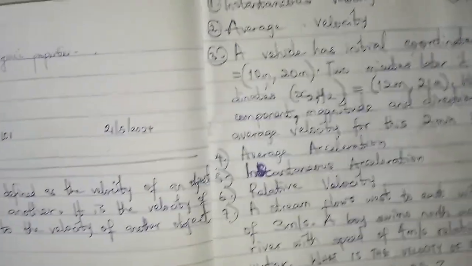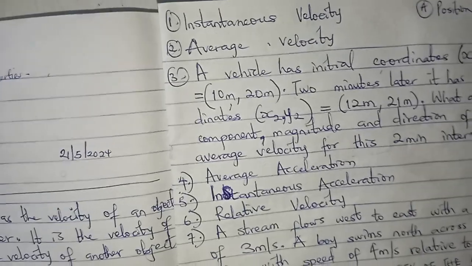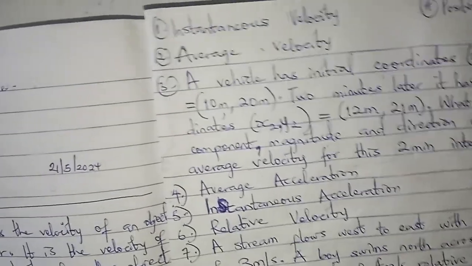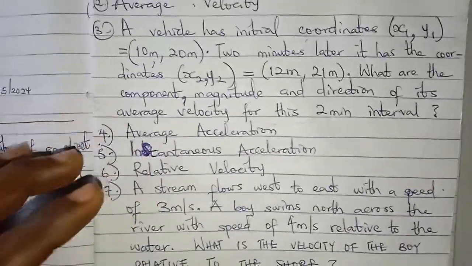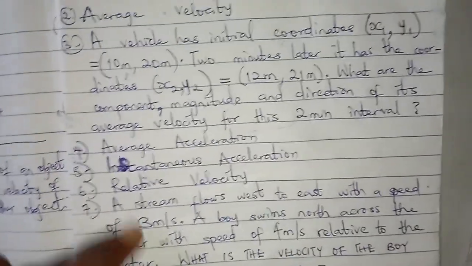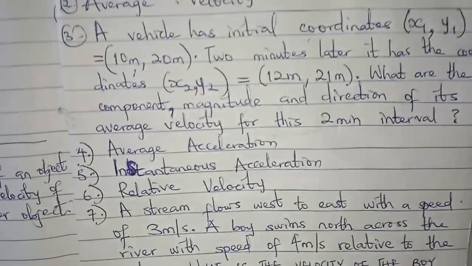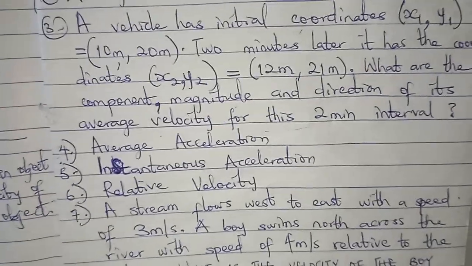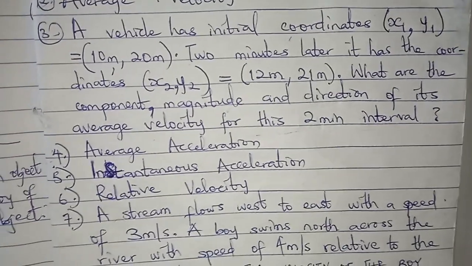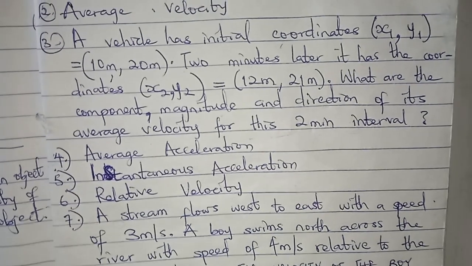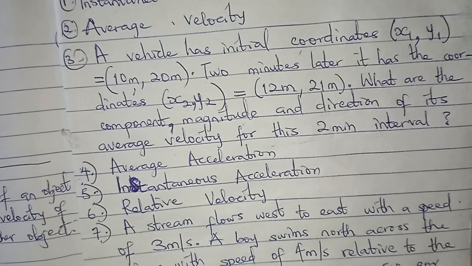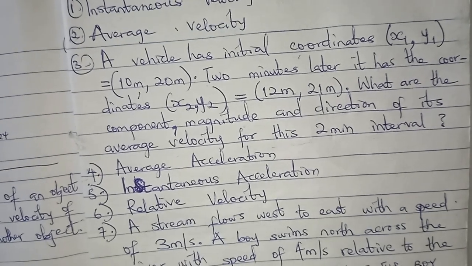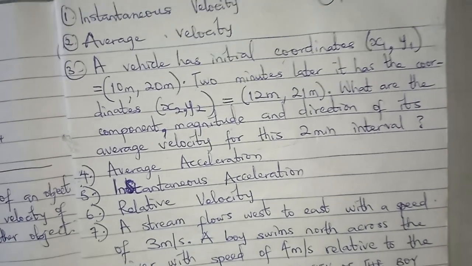So let's move to the second question. They're asking us what is average acceleration, instantaneous acceleration, relative acceleration. We've talked about that. So I said that average acceleration, I can say that it is the ratio of change in the instantaneous velocity to time interval.